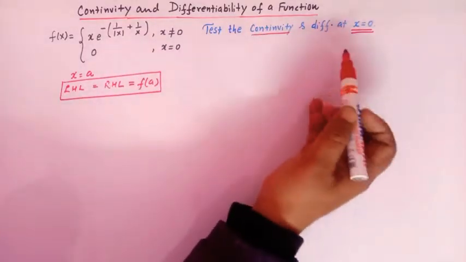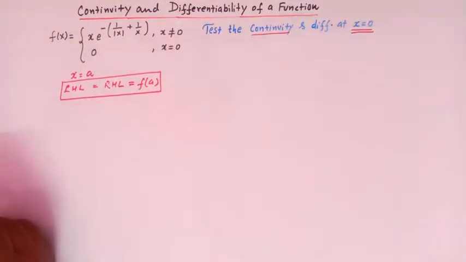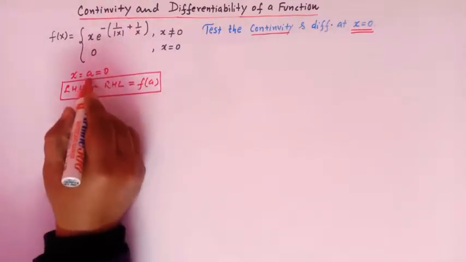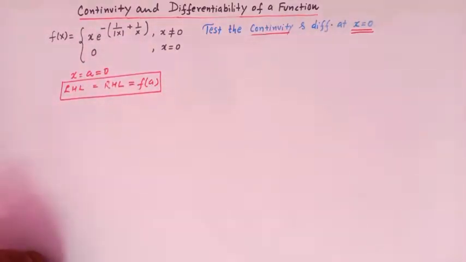Okay, so here we are given the point x equal to 0, so we may take this point a as 0, right?